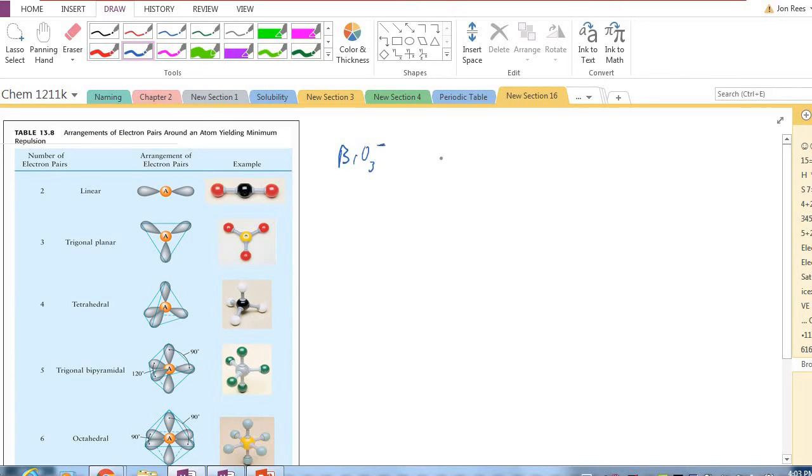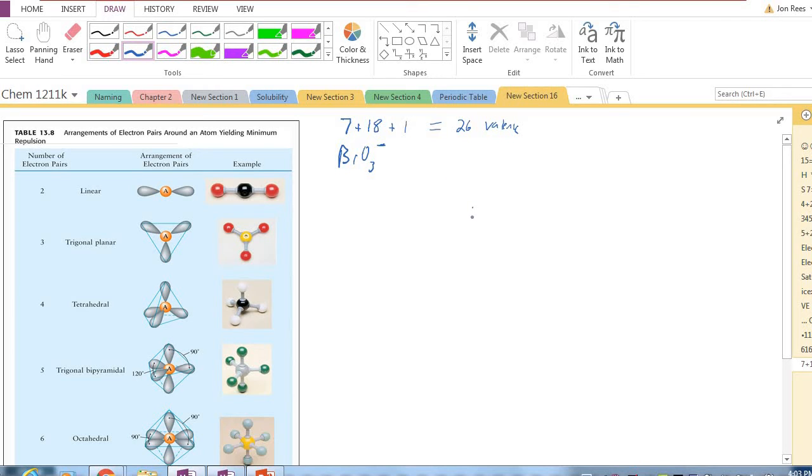Okay, let's do valence electrons first. For the bromine there are 7 valence electrons. For the oxygen there are 6 times 3, which is 18 valence electrons, plus the 1 associated with the ion itself, and so that is going to give me a total of 26 valence electrons that I have to account for when I'm doing the Lewis dot structure of bromate.